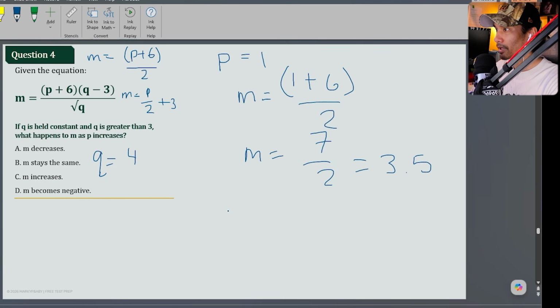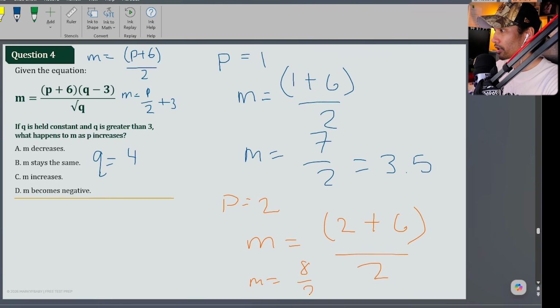And then I'm going to choose P equal to 2, which gives me M equals 2 plus 6 over 2. M is equal to 8 over 2 equaling 4. What happened? Well, we increased by 0.5, or 1/2, from 3.5 to 4.